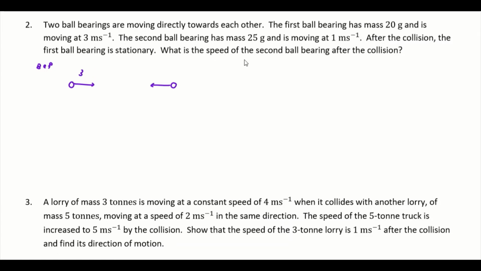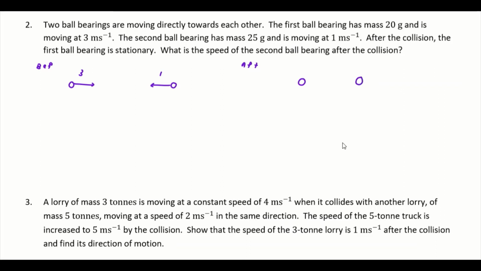The second ball bearing has a mass of 25 and is moving at 1 meter per second. Okay, so later make sure that one of them should be a negative value. After the collision, the first ball bearing is stationary. So which means after they collide with each other, this ball bearing actually stays. Okay, then the question wants to ask what is the speed of the second ball after the collision.